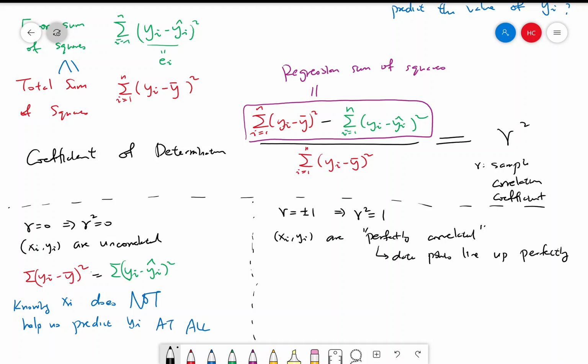Well, if r squared is equal to 1, if you look at this fraction is between 0 and 1, and if r squared is equal to 1, you solve it. This implies that the green sum is equal to 0.